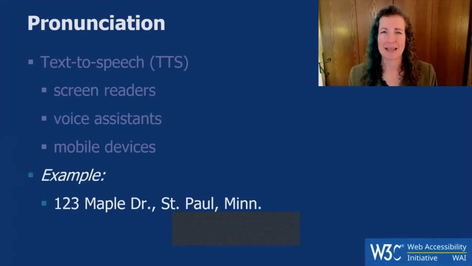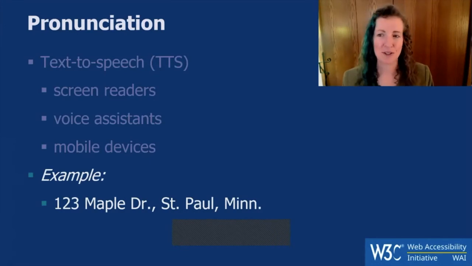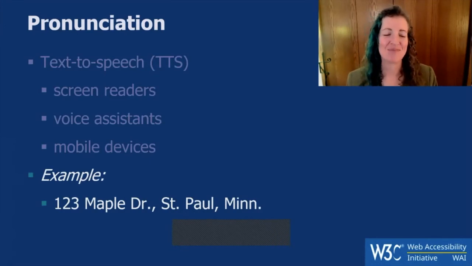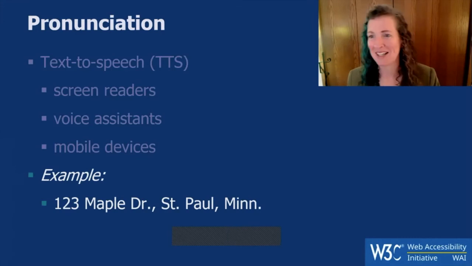So I want to give you an example. I have a street address, a house address, not too far away from where I am. And it has some abbreviations. So it's 123 Maple, abbreviation DR period, and then an abbreviation ST period, Paul, an abbreviation MINN, okay?